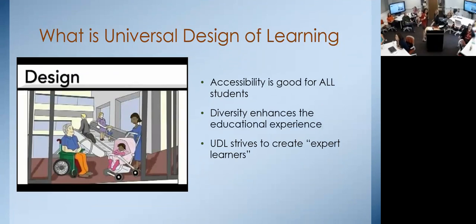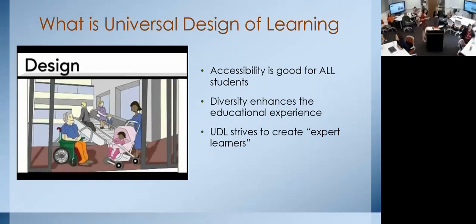So we're starting on the description of universal design. Well, like it said, universal design is approaching it from the beginning and making this information accessible to everybody. And incorporating this information from the beginning, it designs the class, the course, so that the student becomes an expert learner.